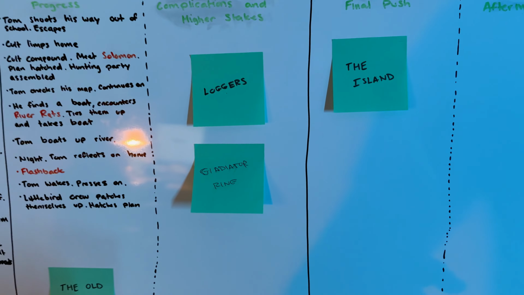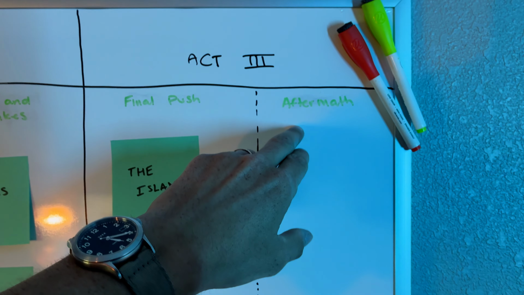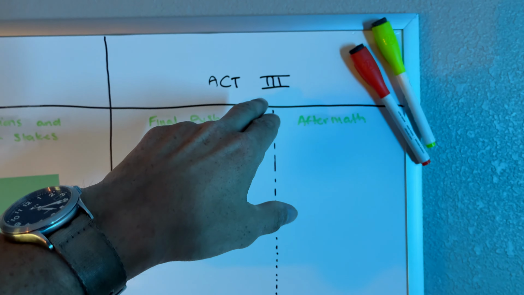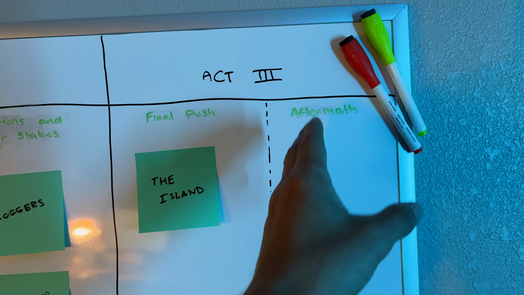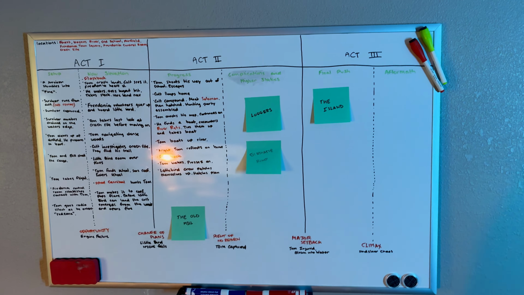And then not every movie has an aftermath necessarily, but I wouldn't even say it's the second half of Act 3; that dotted line should probably be a little more here. It's a smaller percentage of Act 3, but it's just to show what happens afterwards, how the character has changed, if they've even changed, and what their world looks like after having gone through what they've gone through.